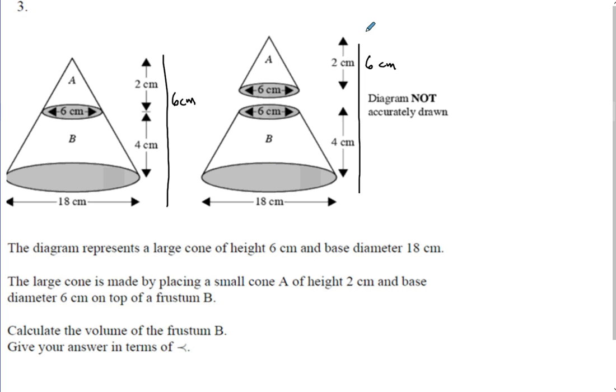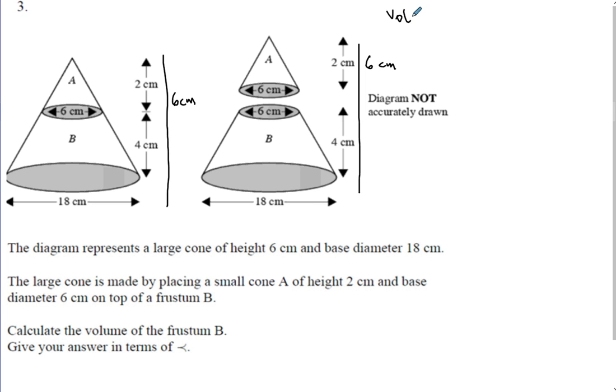I hope you've watched my videos on volume and surface area where we covered frustums, but let's just look at it. So you can tell we want to find the volume of this particular frustum. We're going to take the volume of the big cone, take away the volume of the small cone.